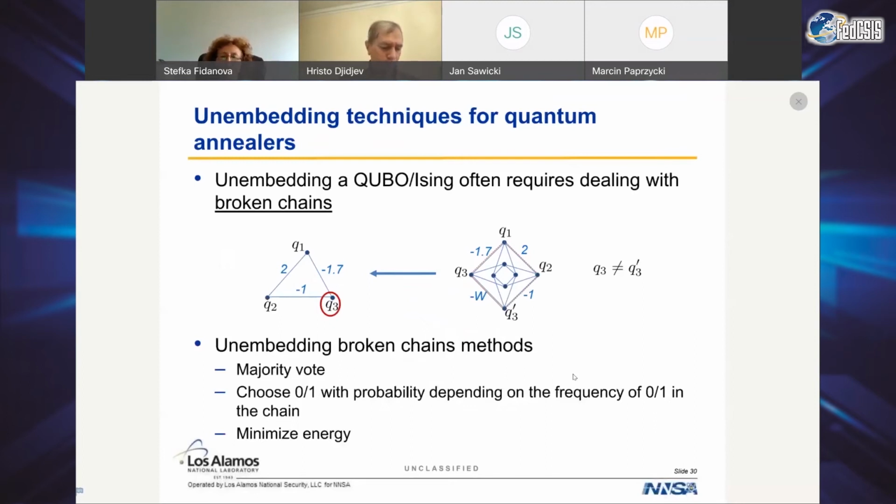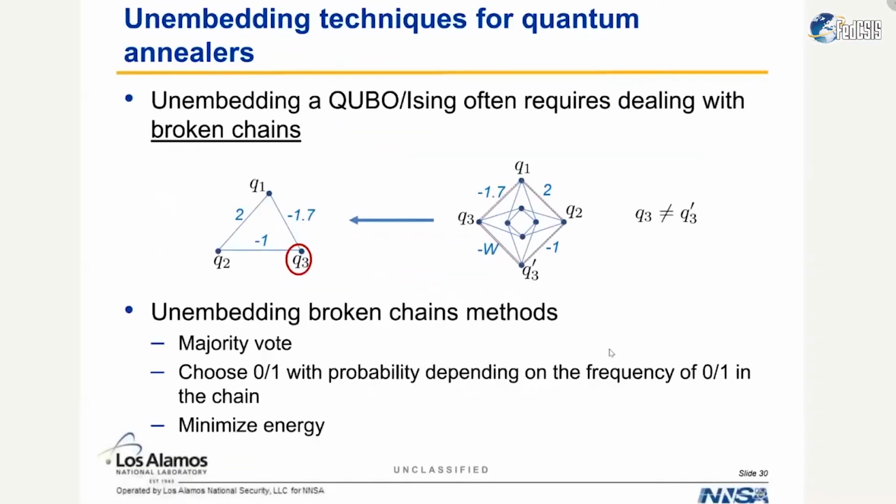Okay, another problem is so-called unembedding. So several slides before, we discussed how we can map a QUBO onto the hardware. But after doing the annealing and getting the results, we have to do the reverse mapping, to map from the hardware back to the original problem, from the qubits back to the variables.